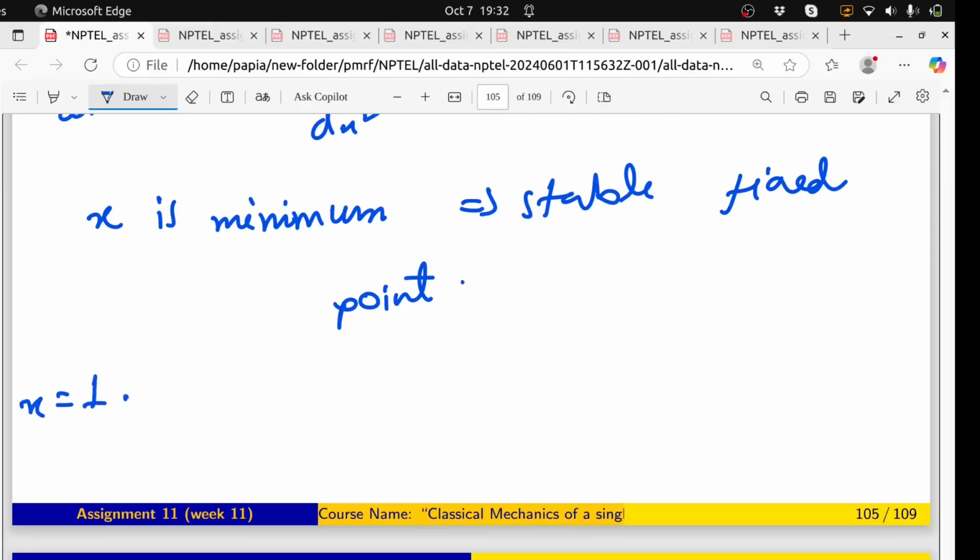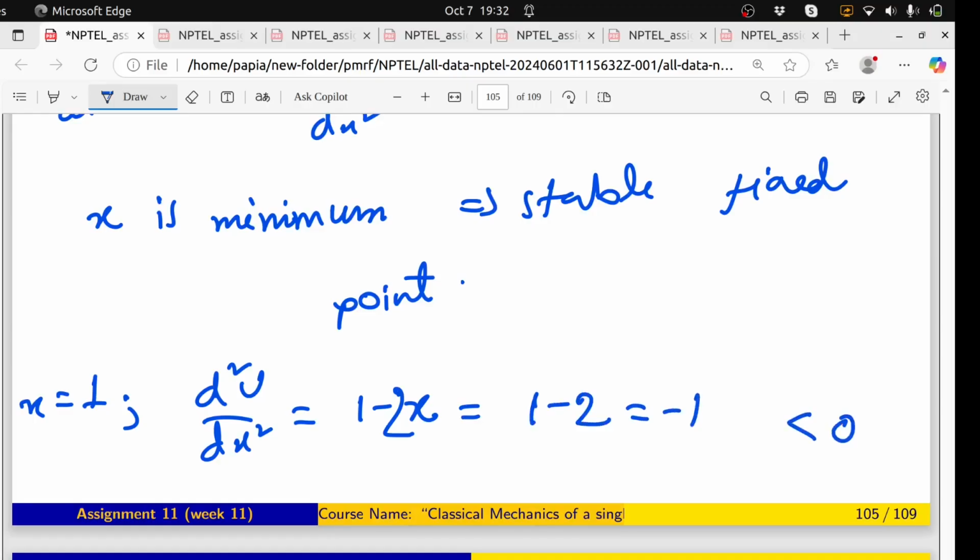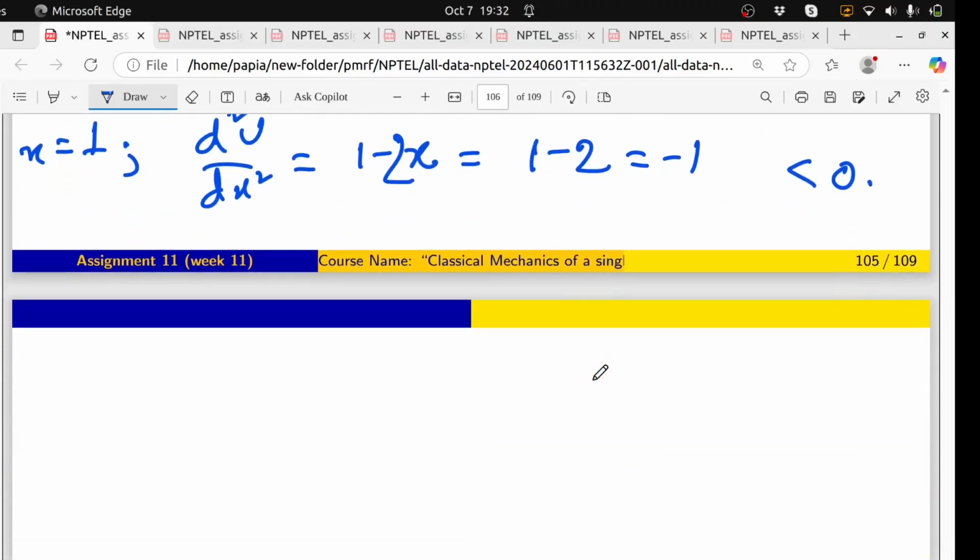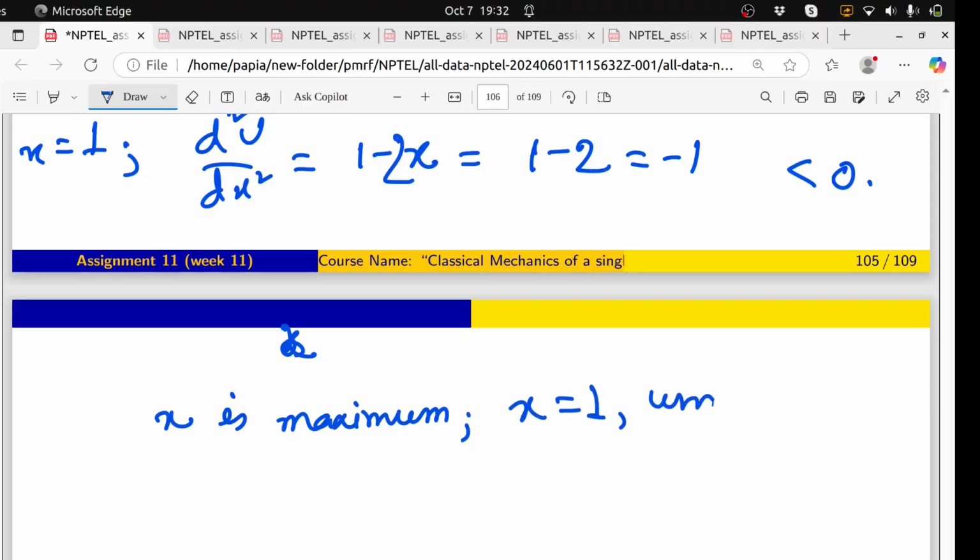Now at x equals 1, d2U/dx2 is 1 minus 2x, that means 1 minus 2, which is minus 1, which is less than 0. That is giving me a maximum. So x equals 1 is an unstable fixed point.